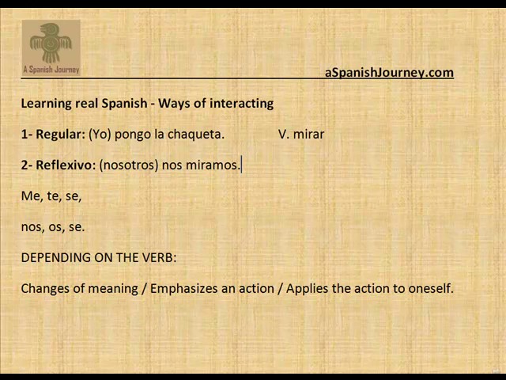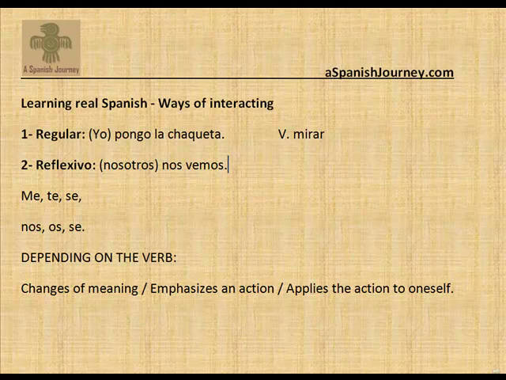Okay, so whenever you want to say to each other with any verb, you're probably going to use reflexive pronouns. This can be used with any verb, like nos hablamos, we talk to each other. Nos vemos, we see each other. That's a common greeting in Spanish actually. When you say bye, instead of saying bye, you just say nos vemos. That's another way of saying goodbye.